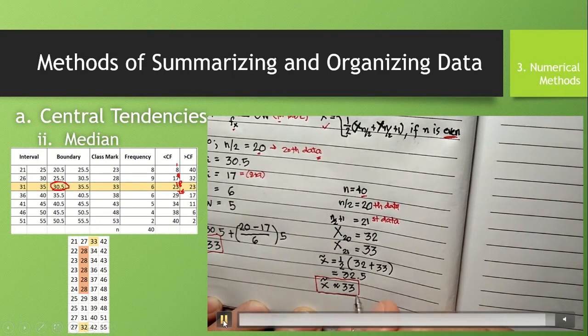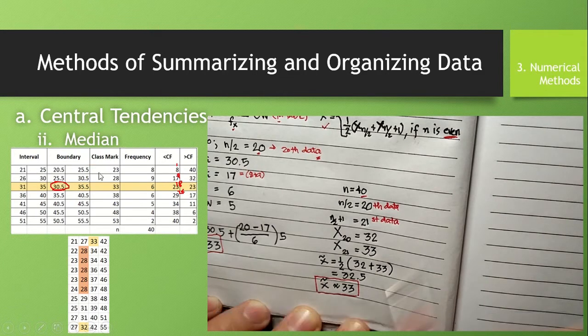Now you have to take note that these are just approximations, because in our data we don't have values that have decimal points, so we'll be getting the nearest value based on the real value. So since we have 32.5, therefore our median is 33 when 32.5 is rounded.